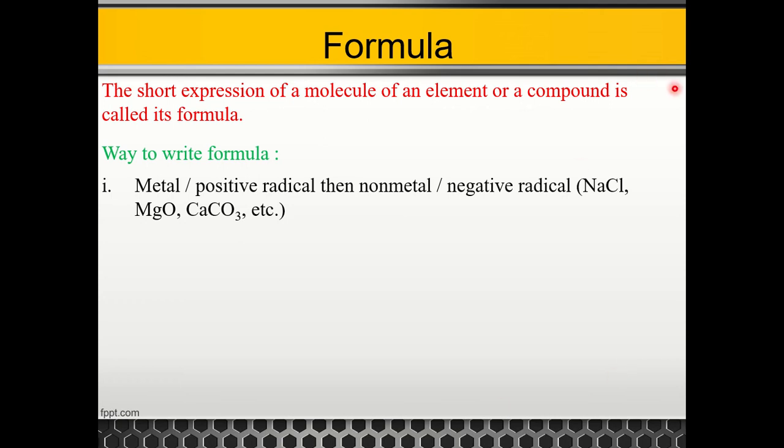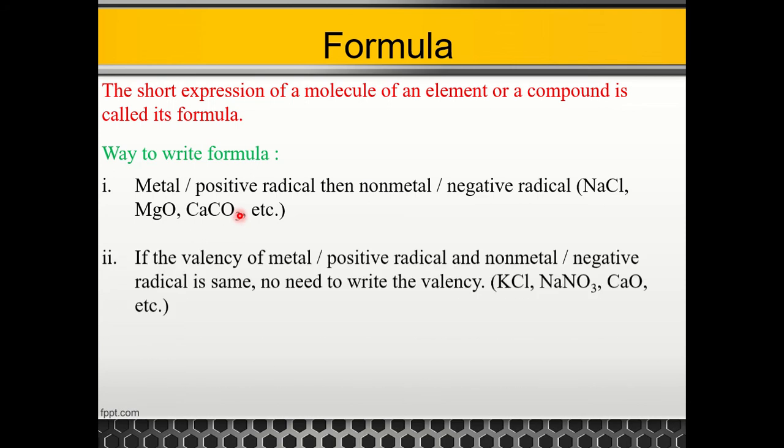For example, sodium chloride: at first sodium, the metal, then chlorine, the non-metal, and when you pronounce the non-metal, you pronounce it like chloride, ending in IDE. Oxygen becomes oxide, magnesium oxide. Here calcium, the metal, is first and the carbonate radical, the negative radical, is at last.